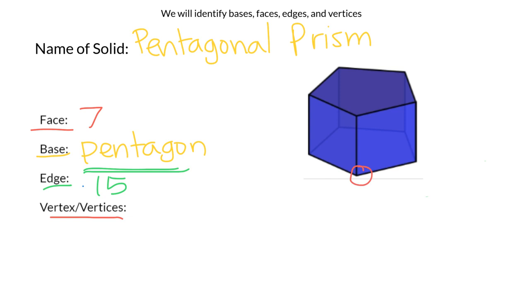Okay, so we have one here. I'm going to do the base vertices first. 1, 2, 3, 4, 5. Again, we should be making some connections here. We know that a pentagon is a 5-sided figure. So on that base, it is going to meet up with 5 rectangles that form the solid. So each one of those points there is a vertex.